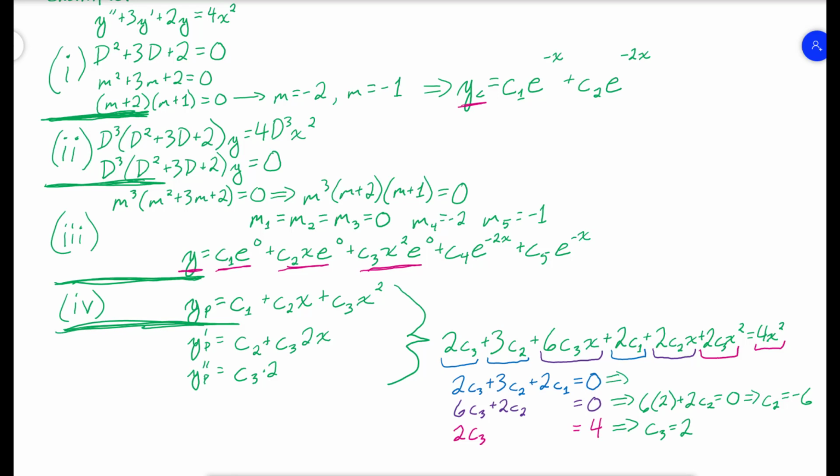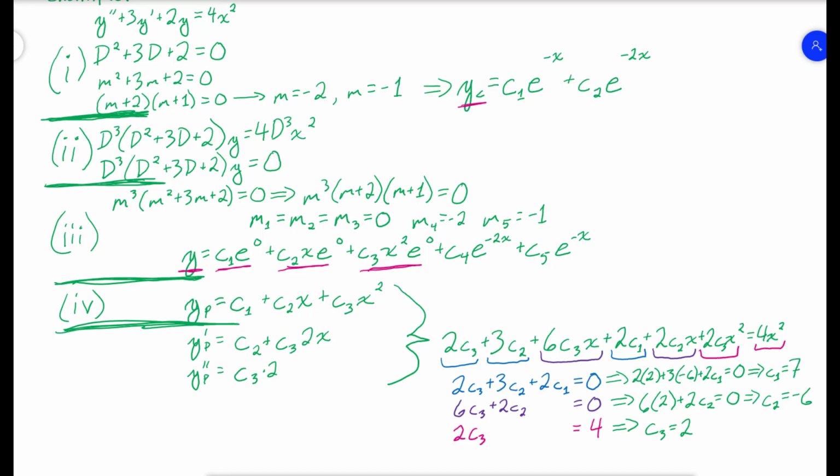And then plugging in both of those, I have that 2 times 2 plus 3 times -6 plus 2c1 equals 0. And solving that for c1, I have that c1 must equal 7.